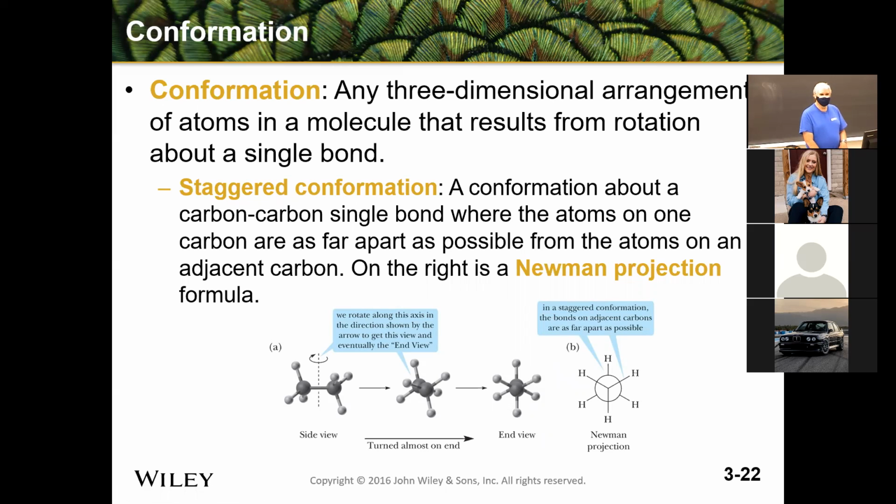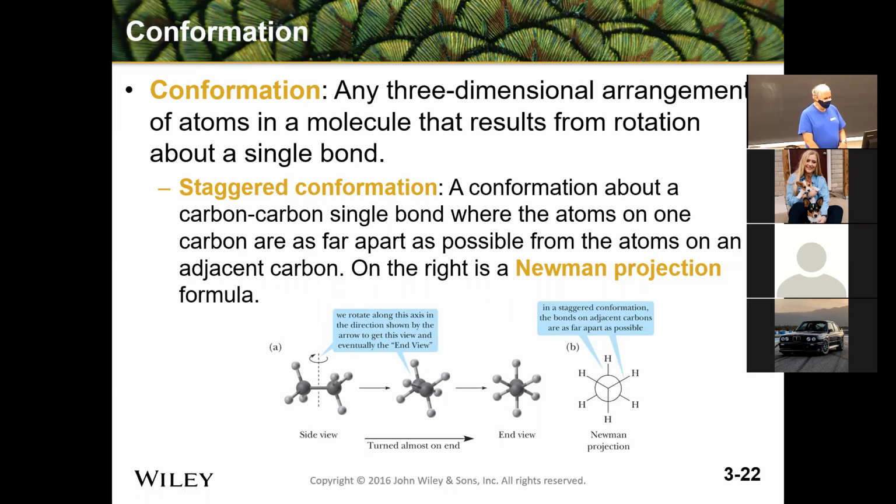Be able to interpret Newman projections. This is the Newman projection for the staggered form. We're sighting along the carbon-carbon bond. The bonds coming out of the center represent the carbon in front. Those that go out from the edge of the circle are those on the carbon in back.